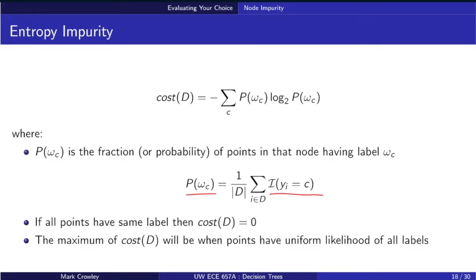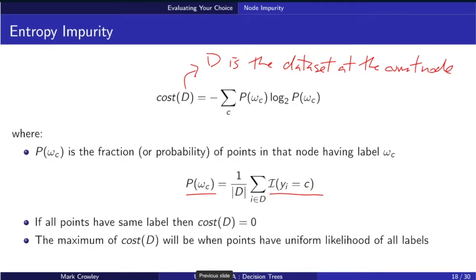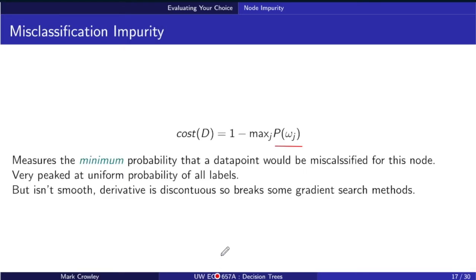And it's important that D is the data set that's available at that node, right? I'm just trying to make sure it's consistent, because in our recursive algorithm, it's just the proportion of the data points you'd get right if you apply this class to the entire data set, right?